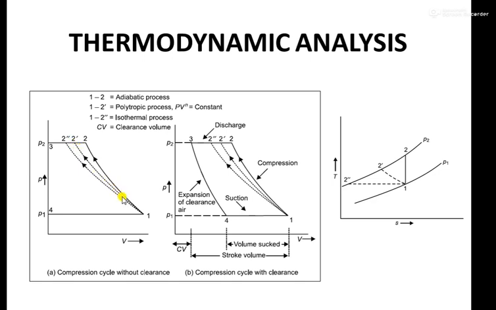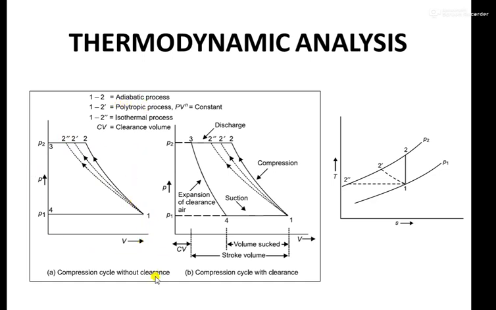However, this compression process can also be considered to be an adiabatic process or the isothermal process as well, along with this polytropic process. It means that this compression process can have these three variants. You can say either the process is considered to be isothermal. This 1 to 2 double dash is isothermal process. 1 to 2 dash, it is polytropic process, and 1 to 2 is this adiabatic.